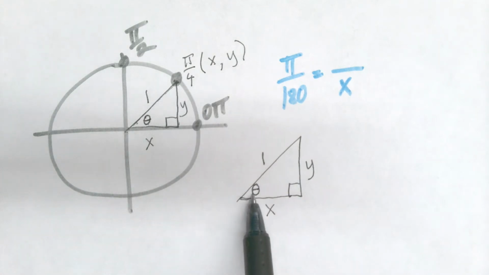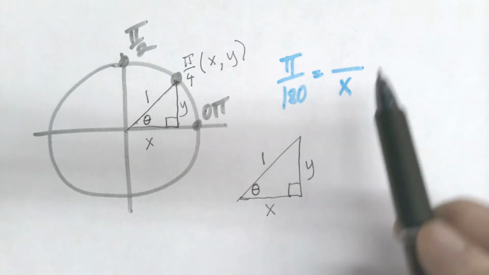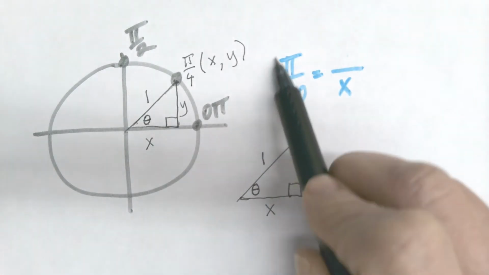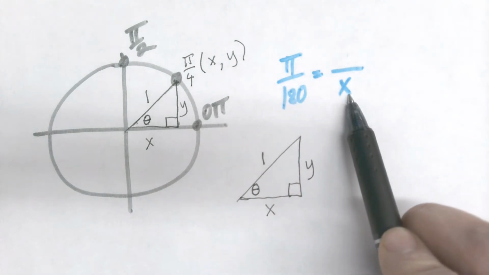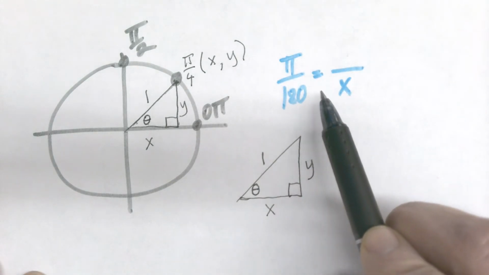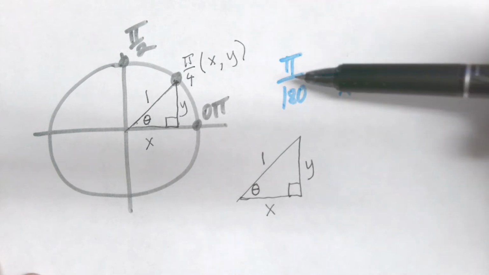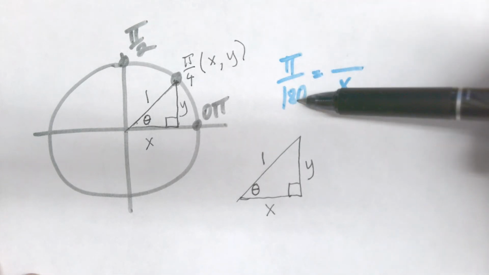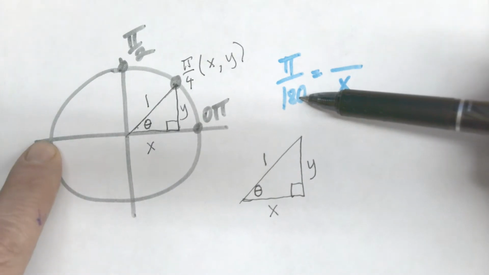But I haven't used radians a lot, and so what I'm going to do is convert pi over 4 into degrees. And so I can do that by doing a simple ratio. Pi is to 180, because pi would be over here, pi, and that's halfway around the circle.